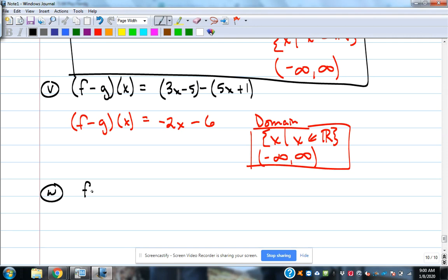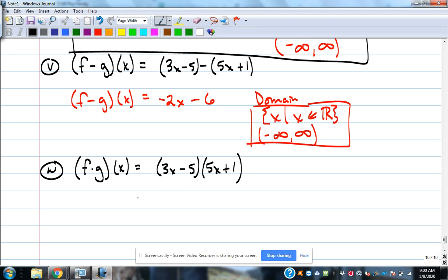Do f times g of x. Same two functions, just multiply. 3x minus 5 times 5x plus 1. Double distributive property. That's all you're doing, is multiplying that stuff together. 3x times 5x, 15x squared, plus 3x minus 25x minus 5.